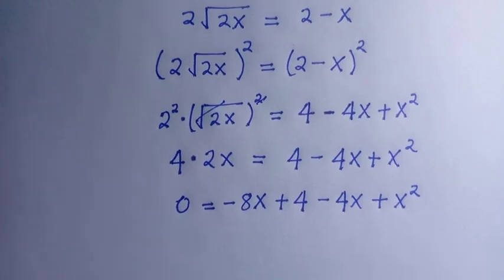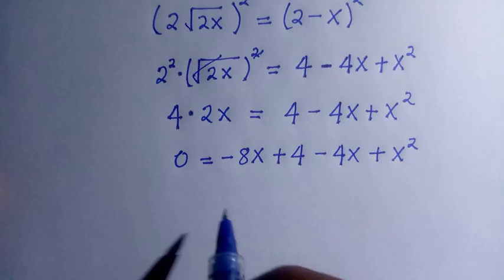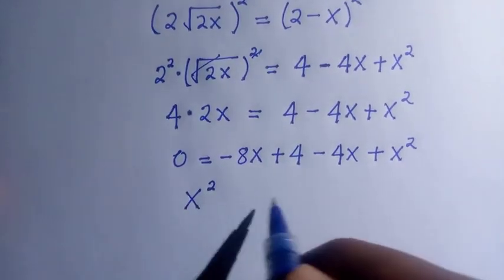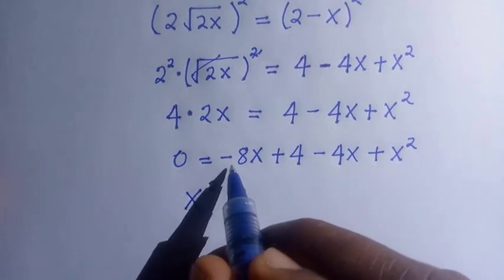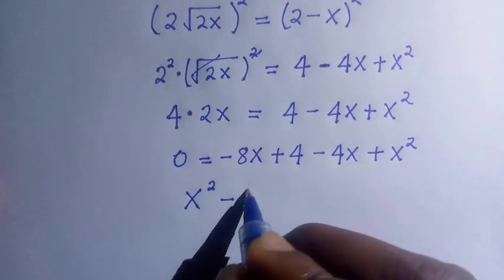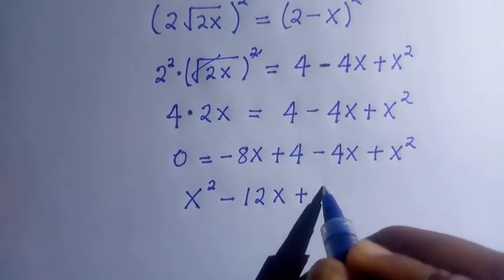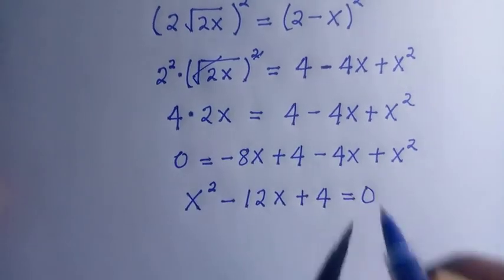Next we have the proper rearrangement, let's start with x squared. We have x to the power of 2, then minus 8x minus 4x gives us minus 12x, and here is plus 4 equals 0.